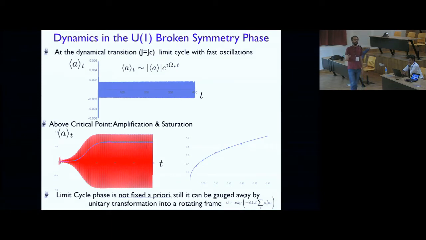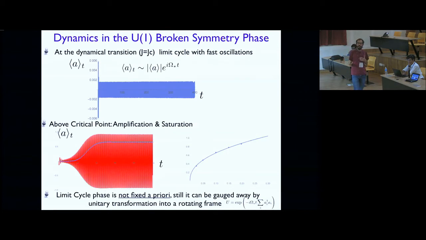So the superfluid emerges here as a sort of limit cycle phase in which this oscillation happens at a frequency which is not imposed by your coherent drive, but is internal, emergent from the interaction and the balance between drive and dissipation. You can ask whether this frequency can be eliminated, meaning whether you can go into some rotating frame and get rid of it.